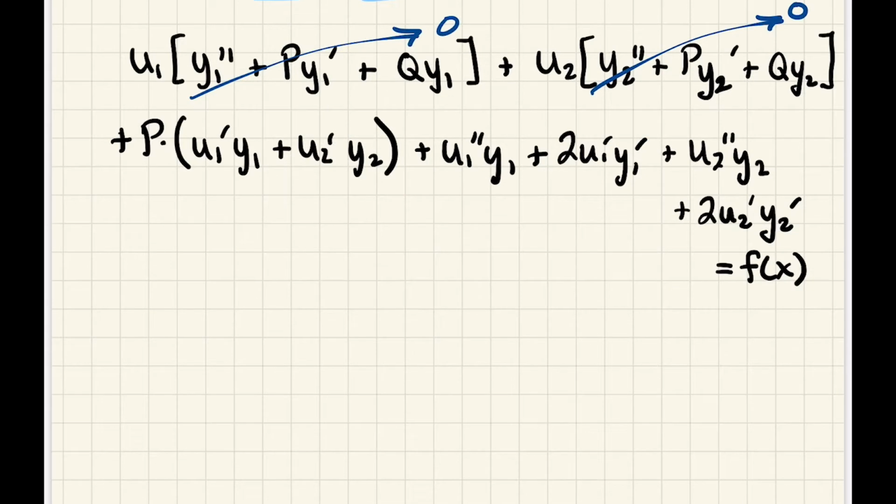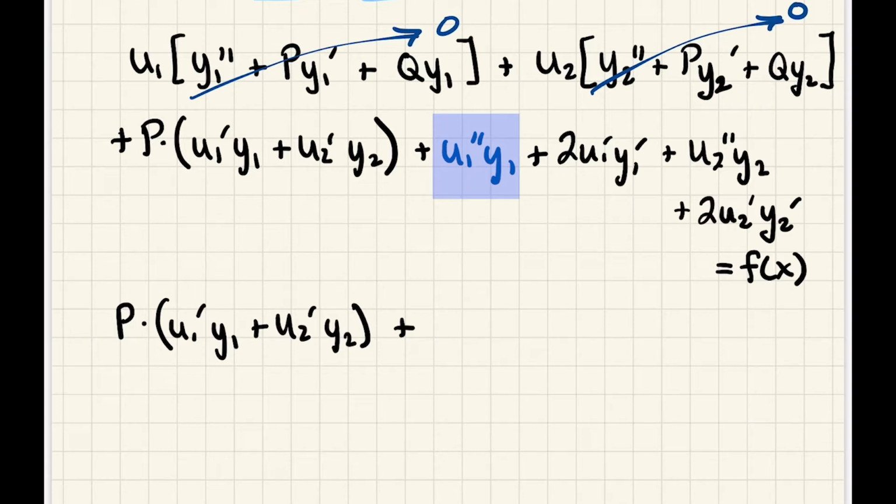Okay, well, what are we dealing with now? So we have p times u1 prime y1 plus u2 prime y2. And, well, what have we got here? So we've got a u1 double prime y1, and we have 2 copies of u1 prime y1 prime.